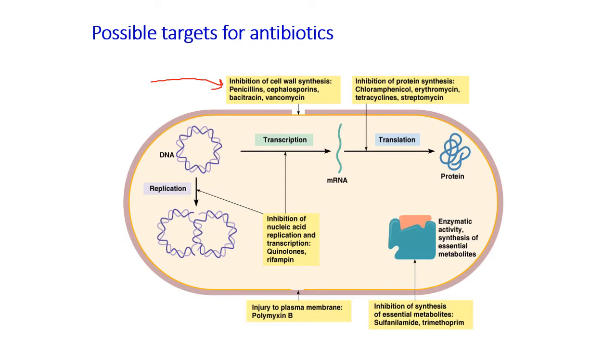We then have, within the cell membrane, within the cytoplasm, three mechanisms that we can concern ourselves with. We can inhibit DNA replication, particularly inhibiting enzymes which are involved in the DNA making copies of itself. Every time the bacteria divides, the DNA, the chromosome, needs to make a copy of itself. The other thing a bacteria does, like any cell, is make proteins, essential proteins that allow a cell to function.